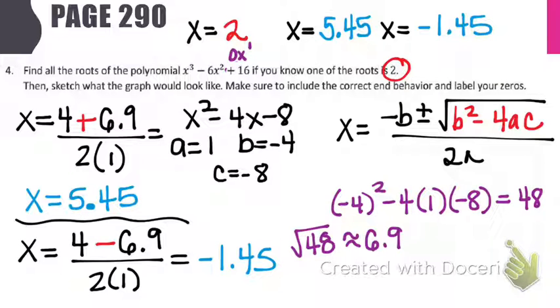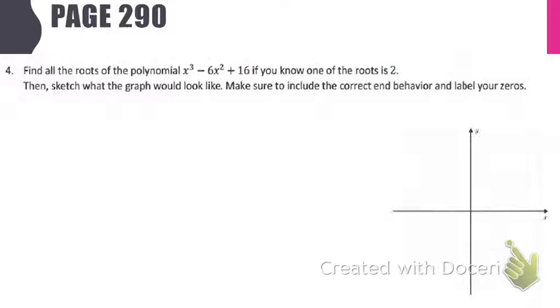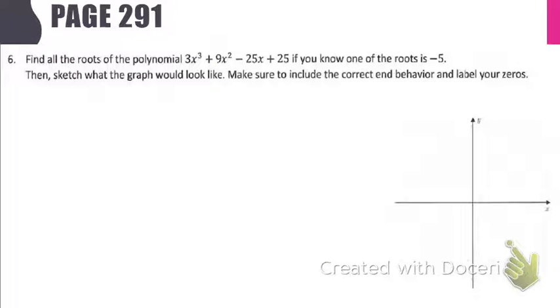Okay, our last question for today is, go to page 291 and let's look at number 6. So again, set up your synthetic division. It's a third degree, so I'm looking for 3 solutions.